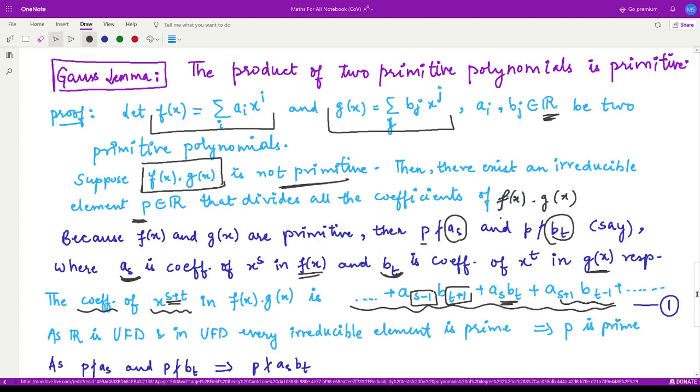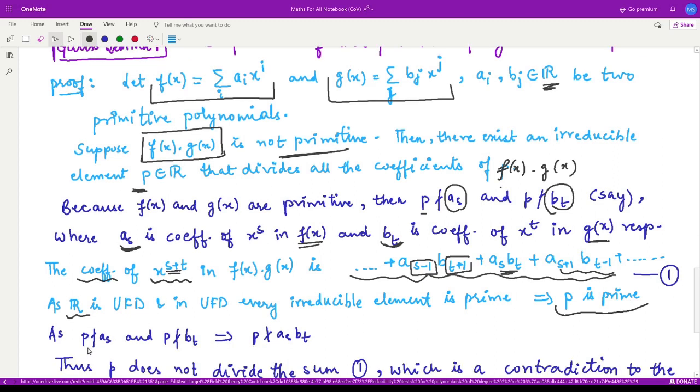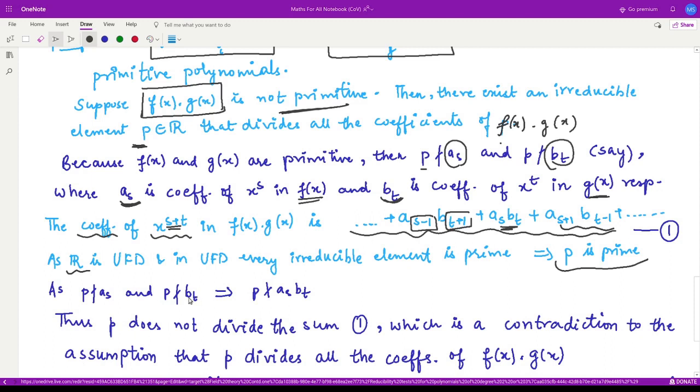So now this is some previous result that the set of integers is a unique factorization domain, and in a unique factorization domain every irreducible element is prime. So this gives us that this p is prime. Whatever p we have assumed, this is a prime number. So now we have assumed that because f(x) and g(x) are primitive, this p does not divide a_s from here, and this p does not divide b_t from here, right?